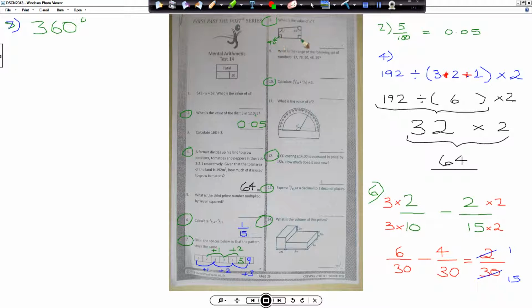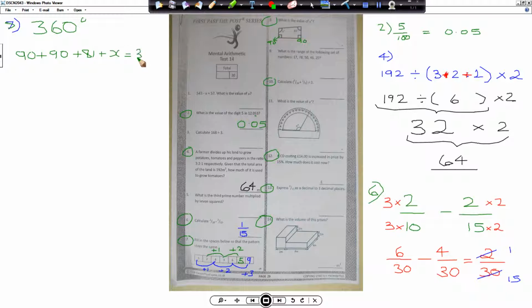So that's 90, that's 90, that one's 81, that one's x. So we can say 90 plus 90 plus 81 plus x will give us an answer of 360.